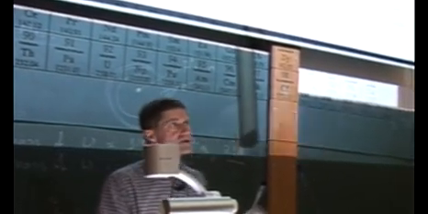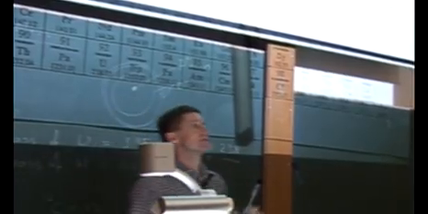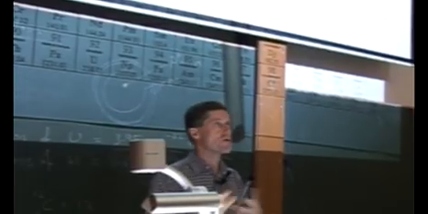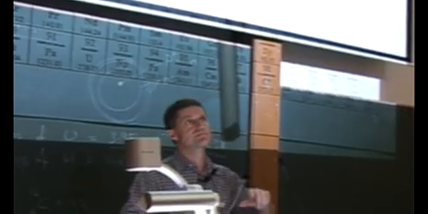So something like silver down here has a value of 107.87. And you think, well, that's a bit weird, because how can I possibly get 0.87 of a proton or of a neutron or some other combined fraction?